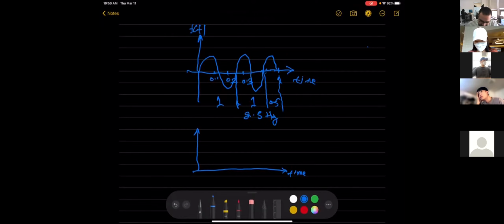The time taken to complete a cycle is the time period. If this one is f, then the time period T is equal to 1 over f. For example, this took 0.25, so the time period here is 0.25.